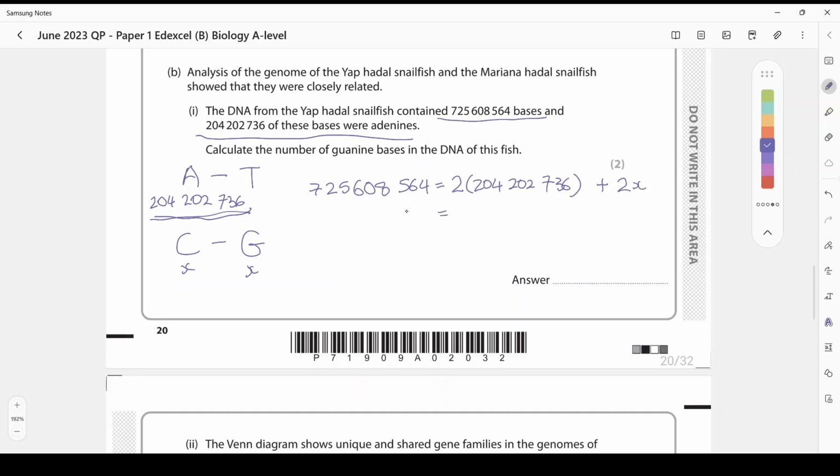So let's solve for that. That would be 317,203,092. And let's divide that by 2. So we should get 158,601,546. All right.